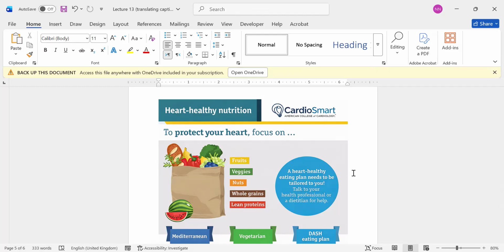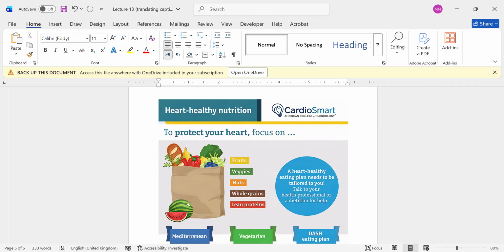To protect your heart, focus on. You can be literal and say لحماية قلبك ركز على ما يلي. But it's not as attractive as to protect your heart, focus on, okay? You need to think about other alternatives.